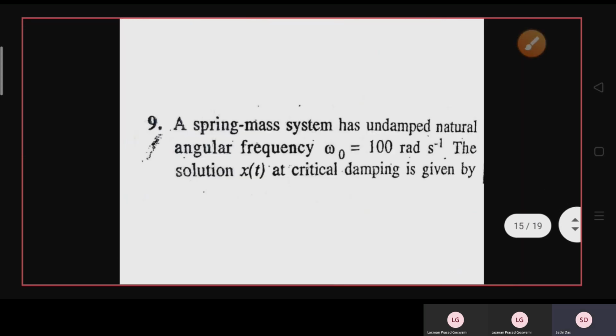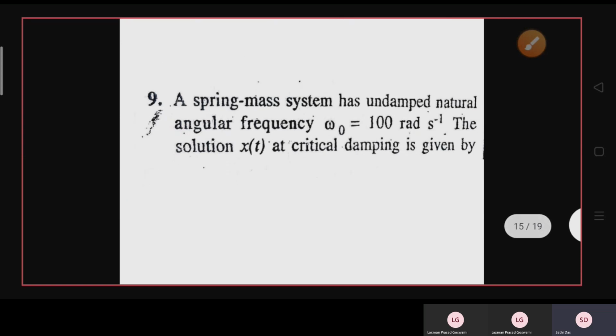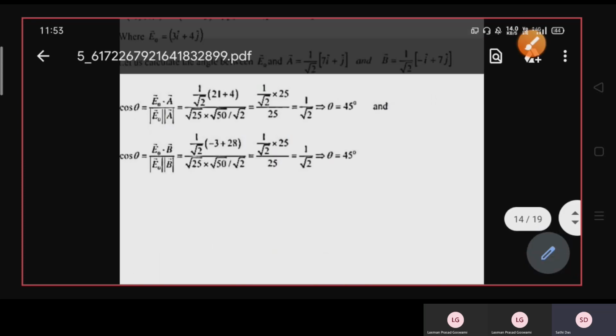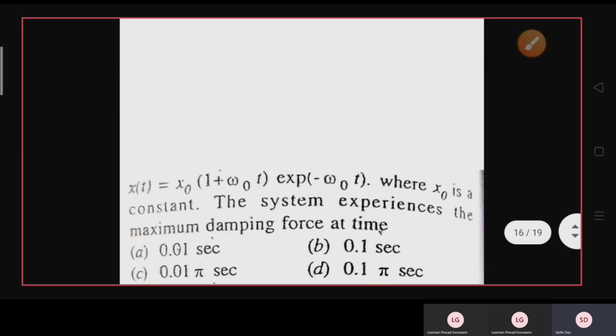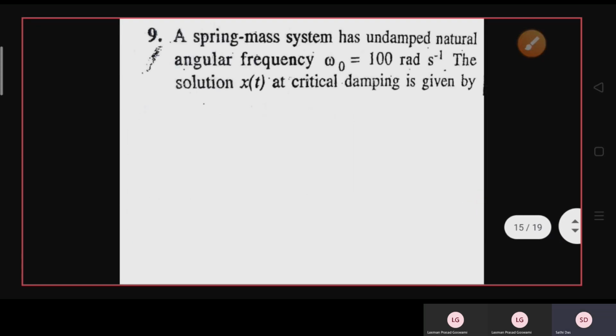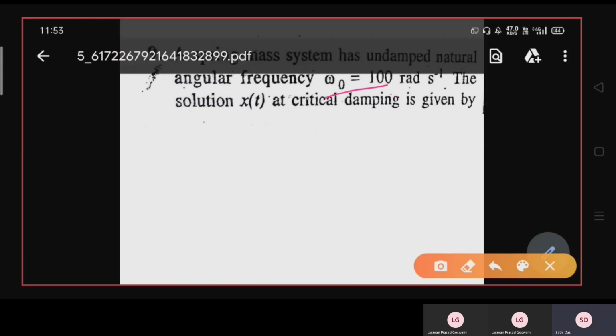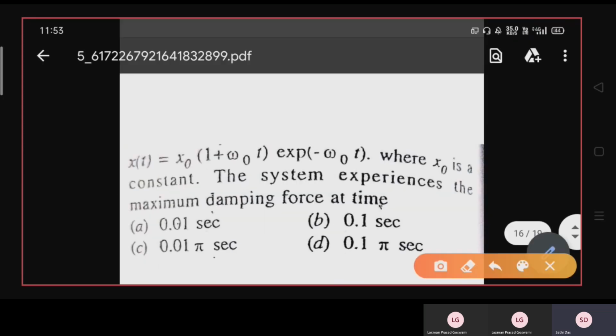Now come to the next question. A spring mass system has undamped natural angular frequency omega naught equals 100 radian per second. The solution x(t) at critical damping is given by x(t) equals x naught (1 plus omega naught t) exponential minus omega naught t, where x naught is a constant.